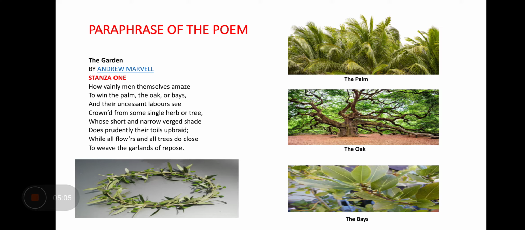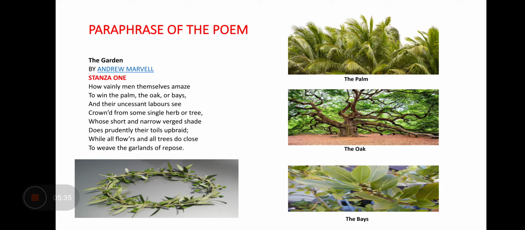He says that men simply go crazy in order to win a crown of the leaves of palm trees or oak tree or laurel tree for their military, civic, or poetic achievements. They labor unceasingly, endlessly, in order to obtain a crown of leaves from a single tree or herb.